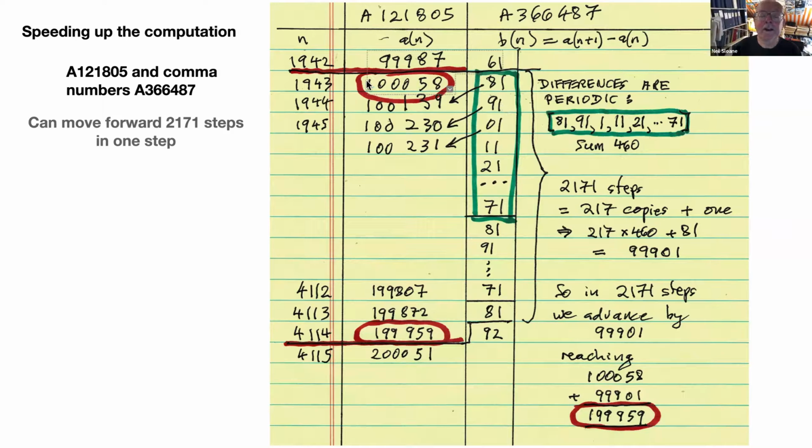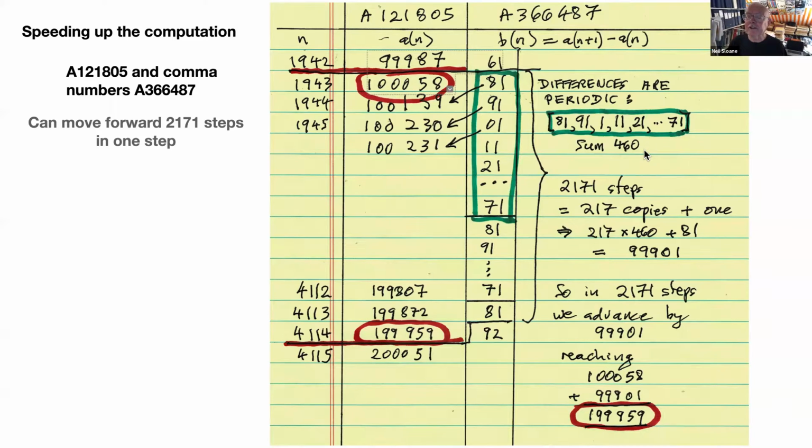The leading digit isn't changing. So all of the comma numbers end in 1, and the first digit of the comma number goes up by 1 at each step. So the comma numbers for this particular point in this particular sequence are 81, 91, ... 71. It's a set of 10 numbers, which repeat over and over again.